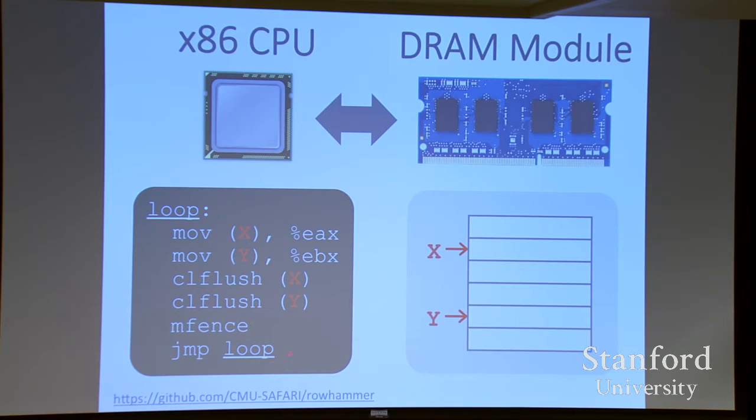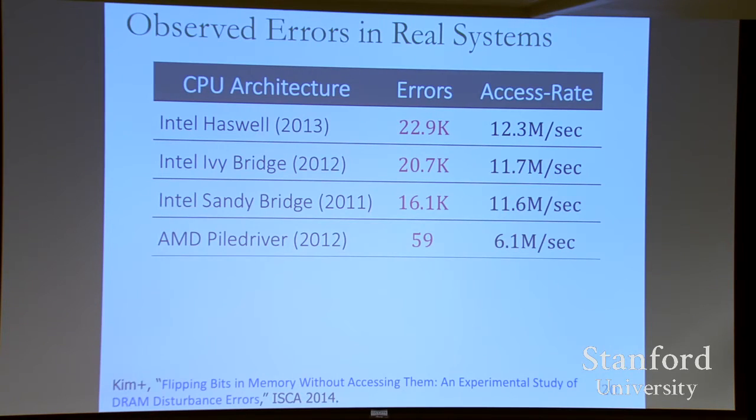What this program does is it exercises the DRAM by bypassing the caches and selecting addresses X and Y such that they map to the same bank, and basically ping-ponging the activates and precharges across those. As a result, if you have a vulnerable chip, you get some errors. By using this program, you can actually see that existing systems are vulnerable if they have a DRAM chip that exhibits this failure mechanism.